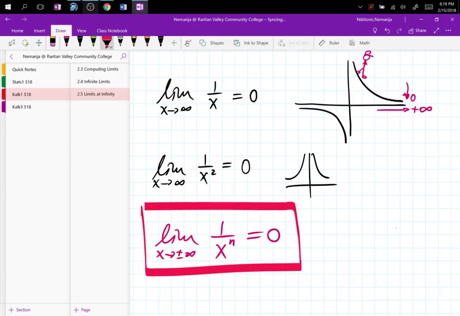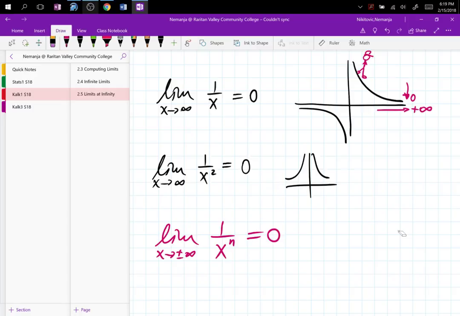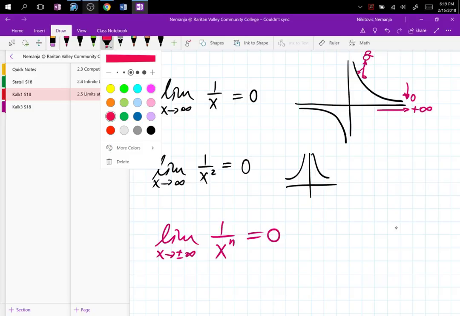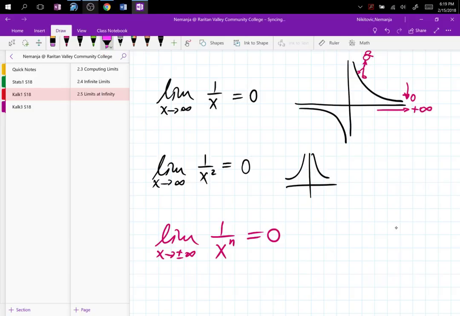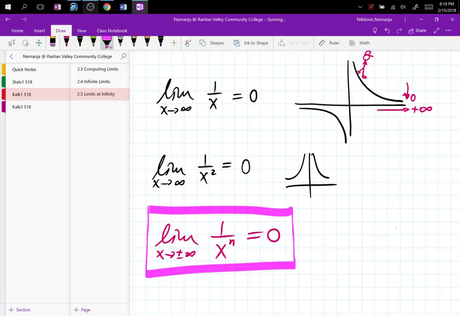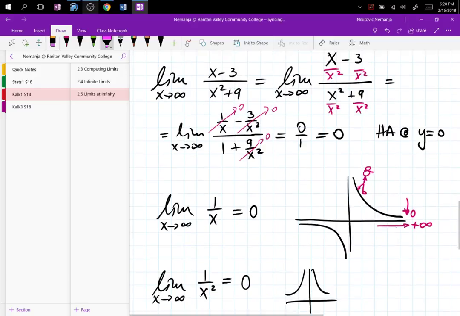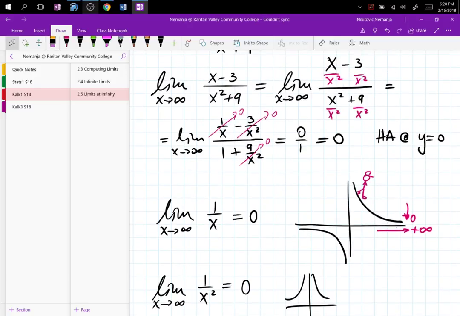And yes, you are going to use this a lot. So highlight that one. Now, as soon as you know this, you immediately go, okay, 1 over x, and the next one is 3 over x to the n, but n is 2, so all of them go to 0, and that's great.